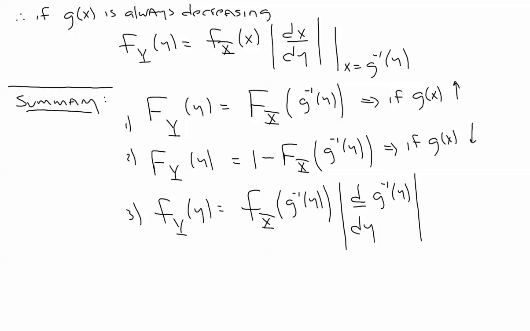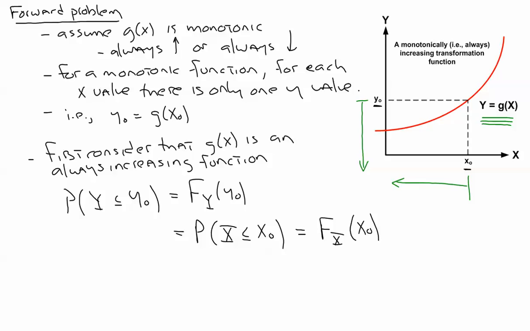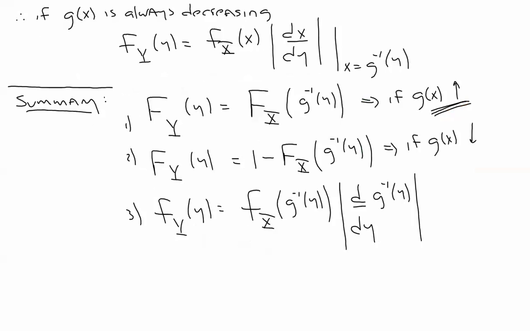And you'll notice that in the first case, when g is always increasing, the derivative of x with respect to y is always positive. Go all the way back to this figure. The absolute value of a positive number is a positive number. All right? So this covers everything. This is the final set of results for the forward case.